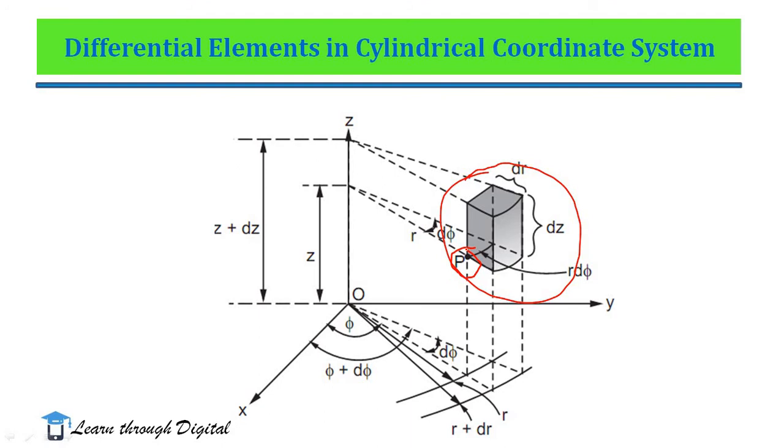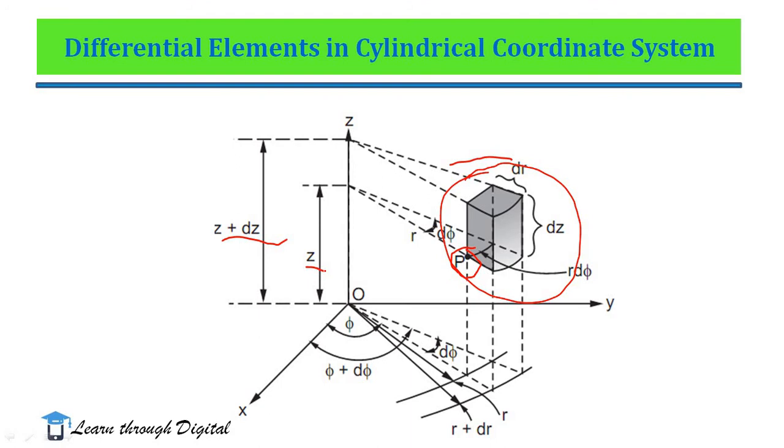Now there are two cylinders of radius r and r plus dr, two radial planes at the angles phi and phi plus d phi, and two horizontal planes at the heights z and z plus dz. All these surfaces enclose a small volume.